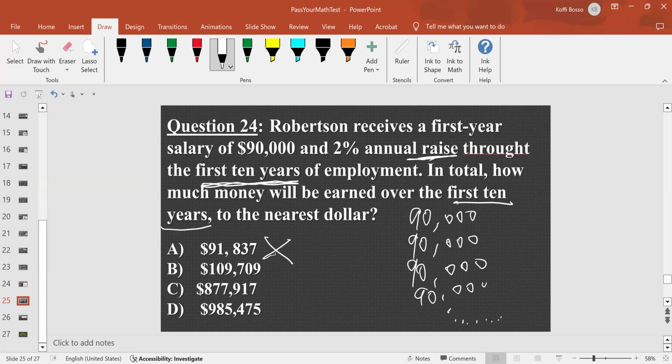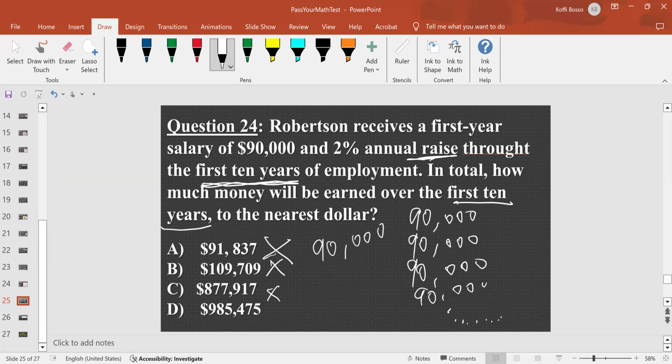So A is out. Even B is out because 90,000, even with a raise, over 10 years, cannot be 109,000 something. No, it's going to be more than that. Even C, it's going to be more than that. Suppose it is just 90,000 per year, every year.